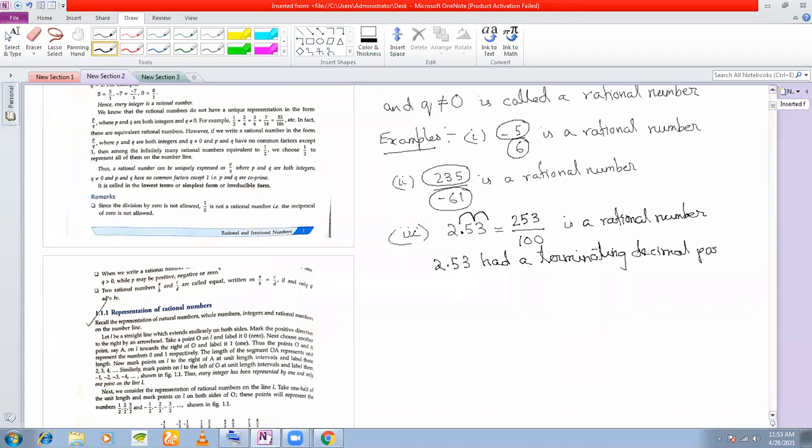Now, what do you mean by terminating decimal part? See that 2.53, after 3, is there any number here? You only have zeros, right? When you have a number like this, such a number is called a terminating decimal number.